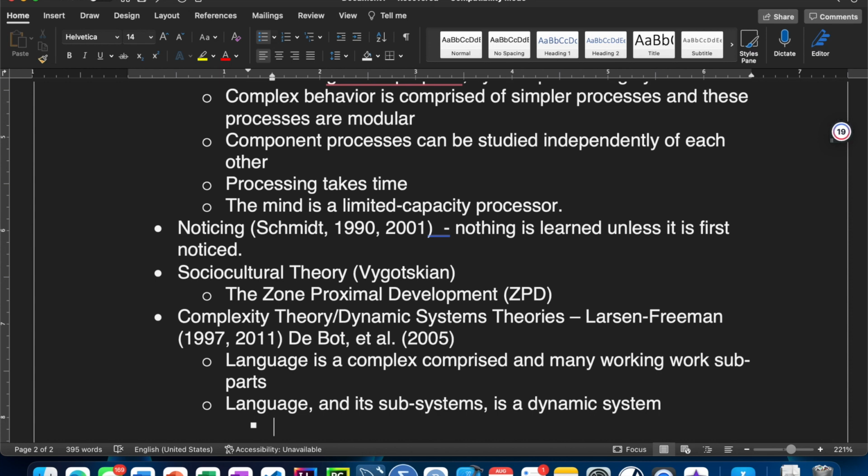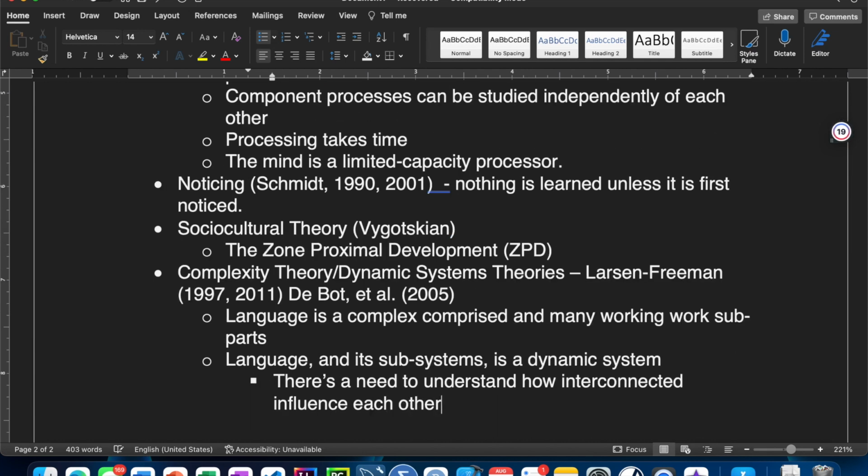So this, as an educational model, leads to a couple of endpoints. The first is, of course, understanding that language and language learning are both therefore complex systems that are deeply embedded in their social and cultural settings, right? And because of this, we need to understand how interconnected systems influence each other, right?